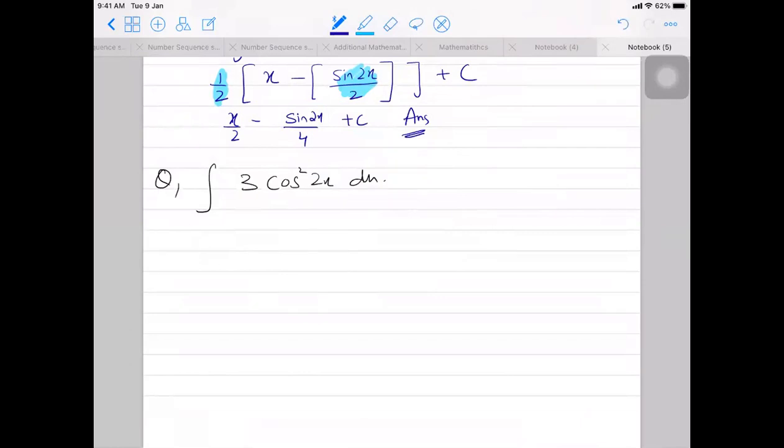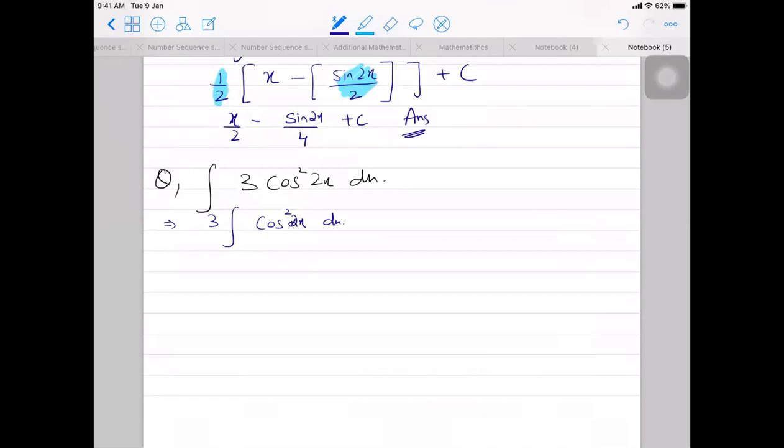First of all, I can take 3 common. Integration of cos square 2x dx. It's an even power, so for even power I can just use the double angle identity.